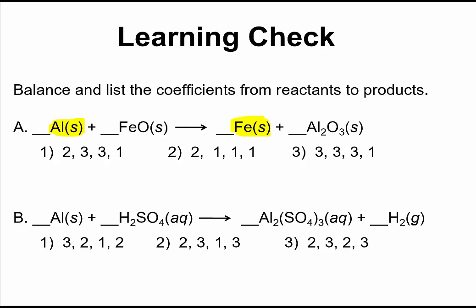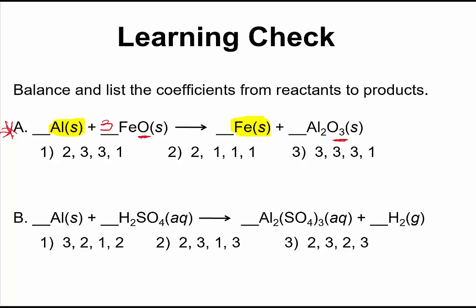We can balance either of them last. Let us begin with oxygen. On the reactant side for question A, we have only 1 oxygen. On the product side, we have 3 atoms of oxygen. If we place a 3 in front of FeO, now we have 3 times 1 for oxygen, and oxygen is balanced on both sides of the equation.